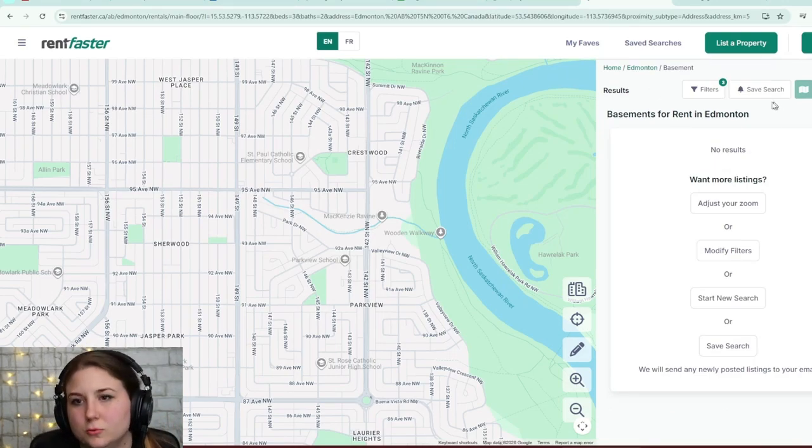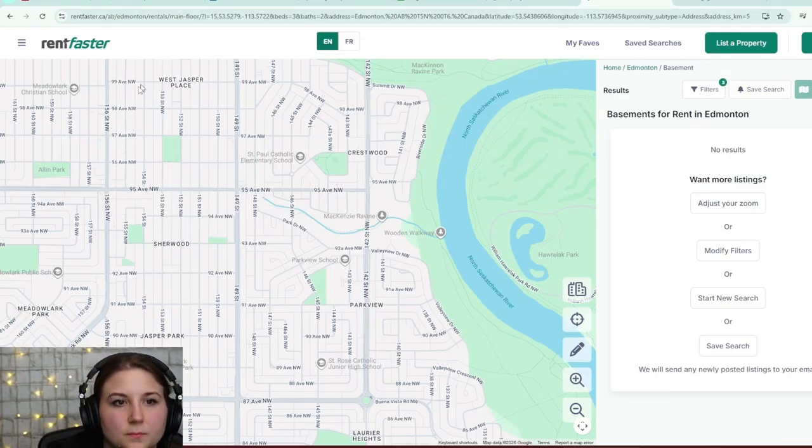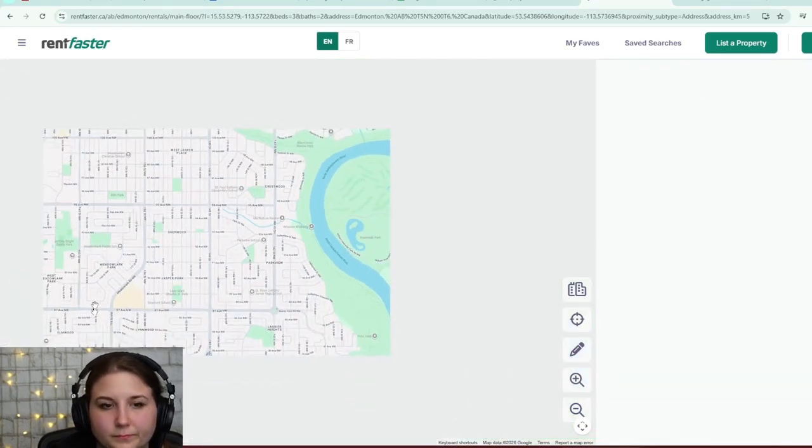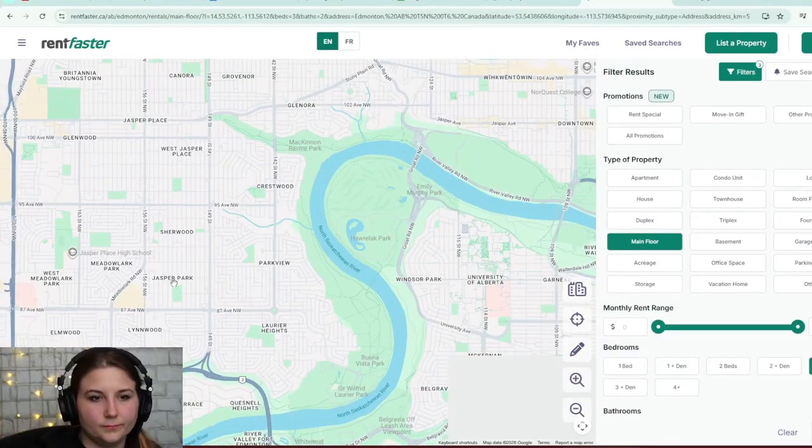No result. Bullshit. There's no way that there's no rental listings for main floor. No way.